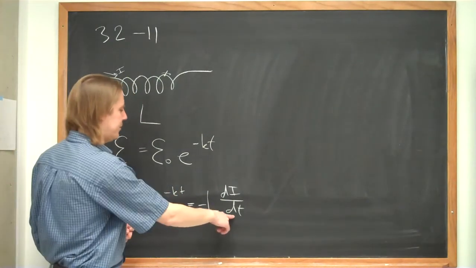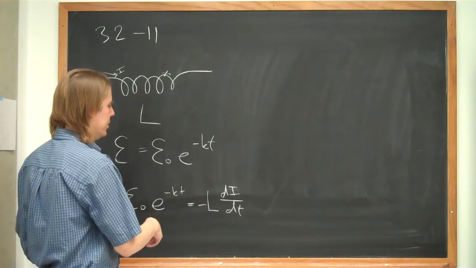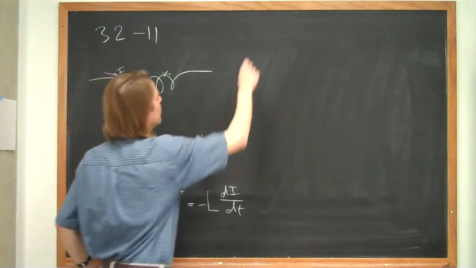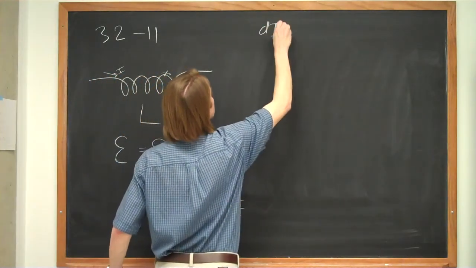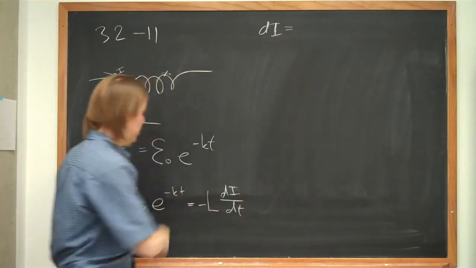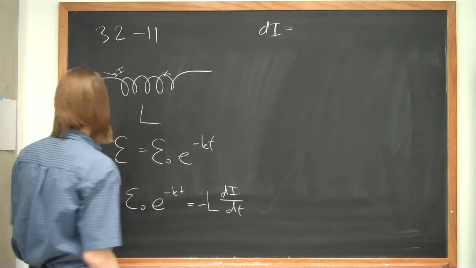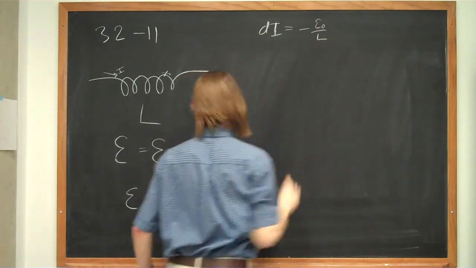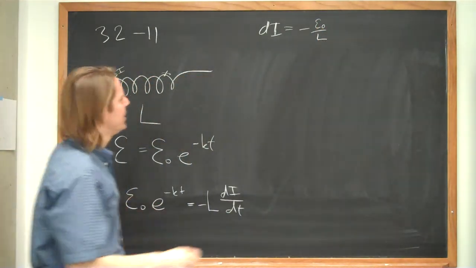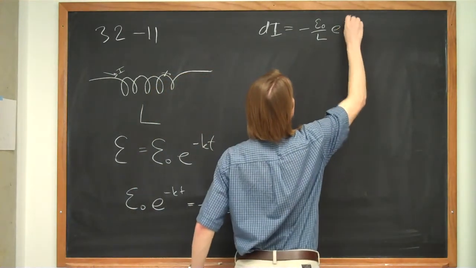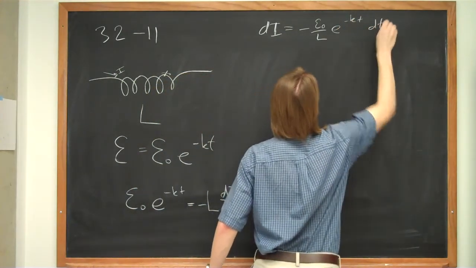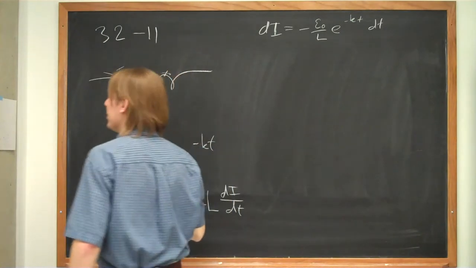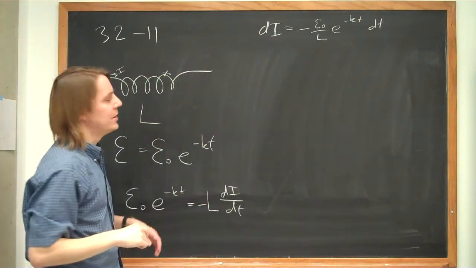So we'll pull the L over, pull the negative sign over, so we're left with di on one side, and the other will be minus E naught over L, e to the minus kt dt. So we've turned this into an equation that we can integrate.